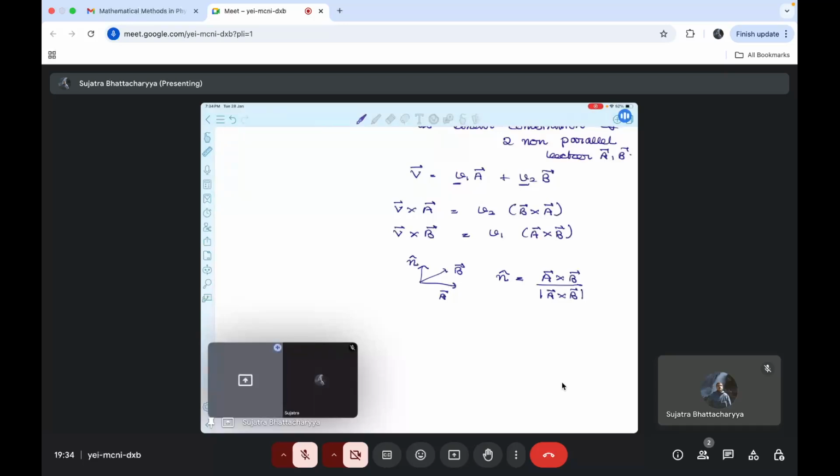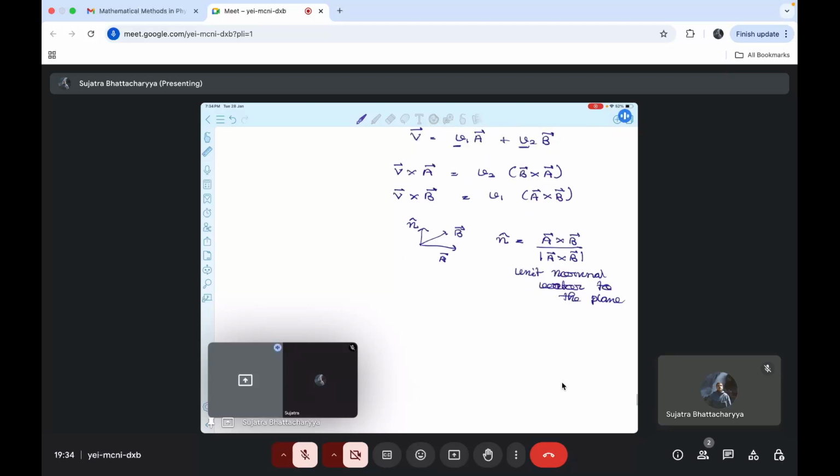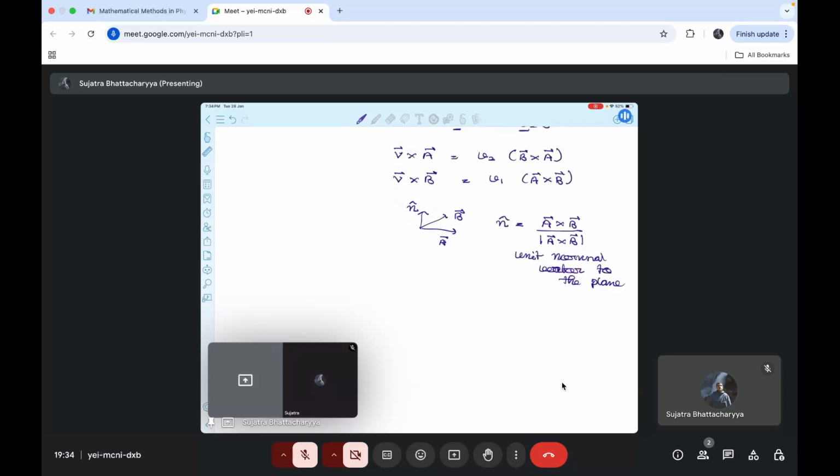This becomes the unit normal vector, normal to the plane. So a cross b magnitude times n hat is nothing but the vector a cross b.